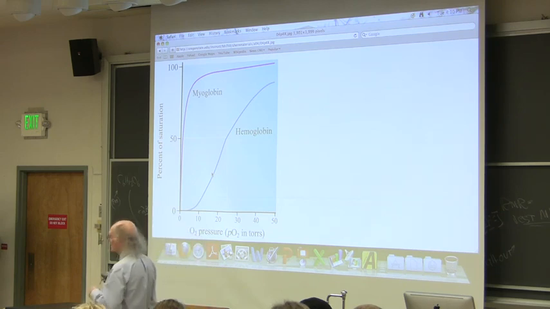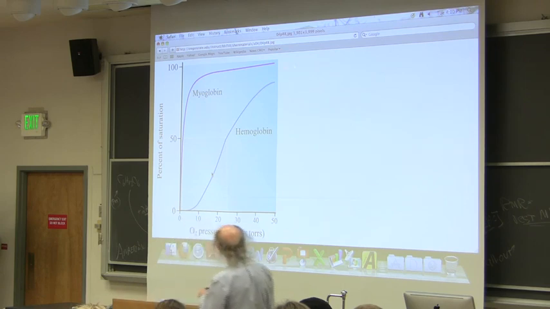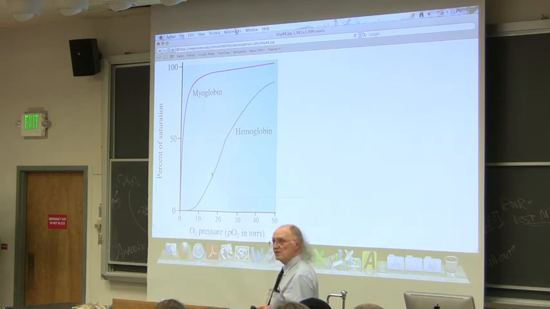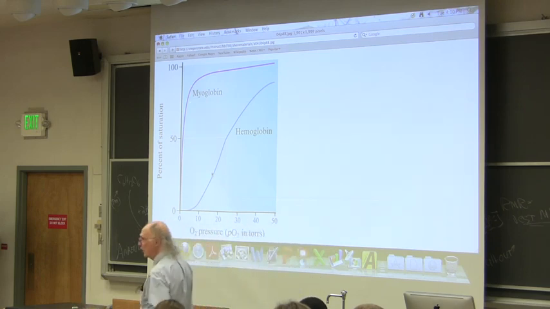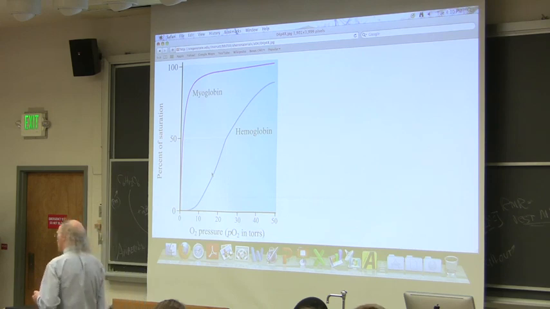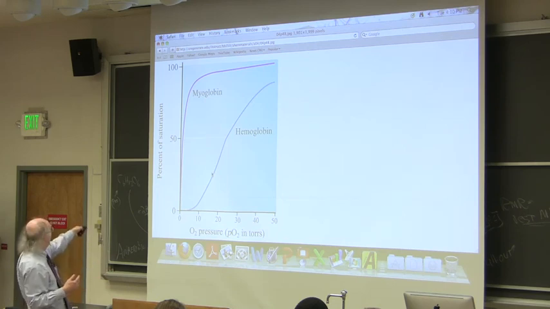We want myoglobin to be able to hold on to oxygen, but if we were using myoglobin to deliver oxygen to our cells, it wouldn't let go of oxygen unless the cells were really starving for oxygen, which is way down over here. Now, myoglobin does give up oxygen to muscle cells, but it only does it when the oxygen concentration gets really low, way over here.